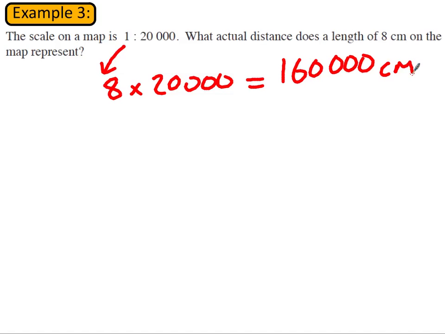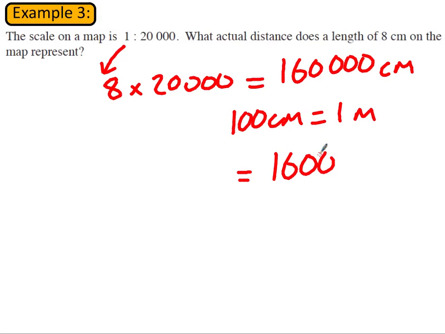Now we don't want to give our answer in centimetres for a real life distance on a map. We need to convert that. Now if we know that there are 100 centimetres in 1 metre, then if we divide by 100, we're going to have our answer in metres. So we'll do that, divide by 100, and this is equivalent to 1,600 metres.